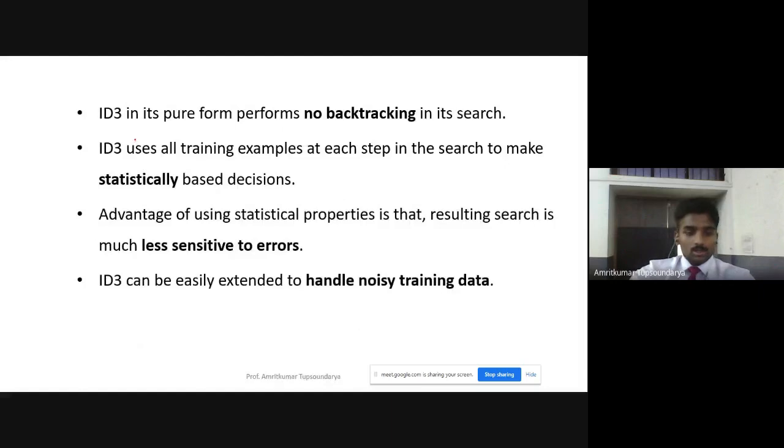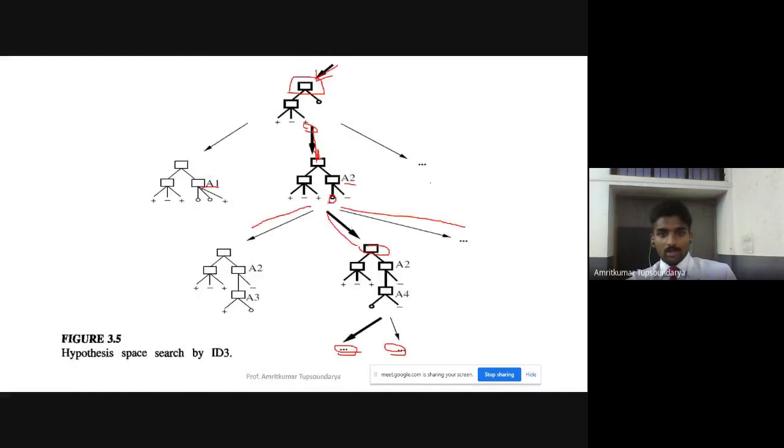The ID3 algorithm, the Iterative Dichotomiser 3 algorithm, when it is in its purest form, performs no backtracking. As you can clearly see in our previous slide, once we select the flow of the program depending on the information gain or the entropy, there is no backtracking.